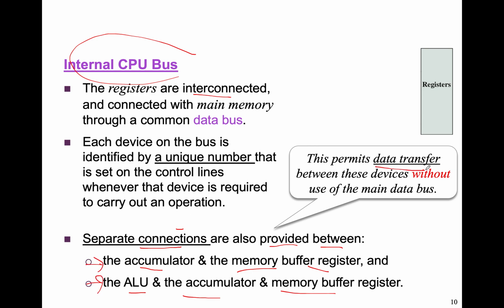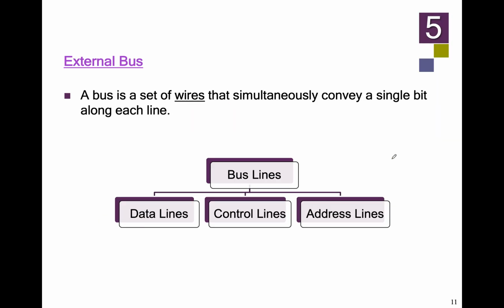This permits data transfer between these devices without using the main data bus. So if there is a question asking what separate connections means, the answer is that they do the data transfer between devices without using the main data bus.